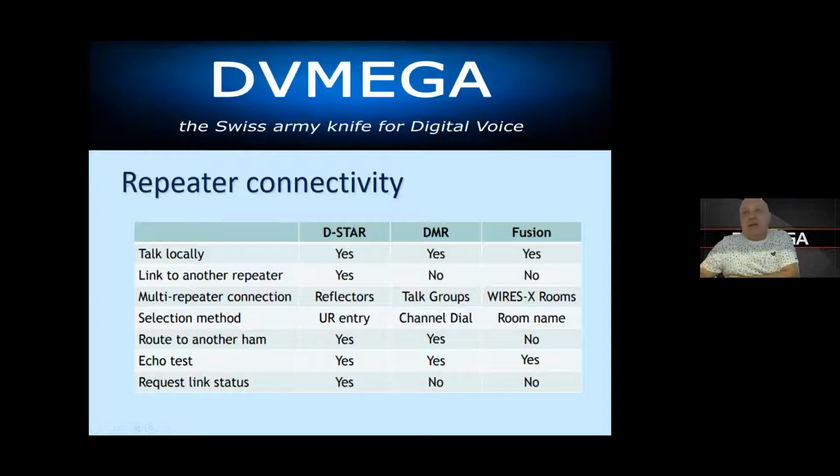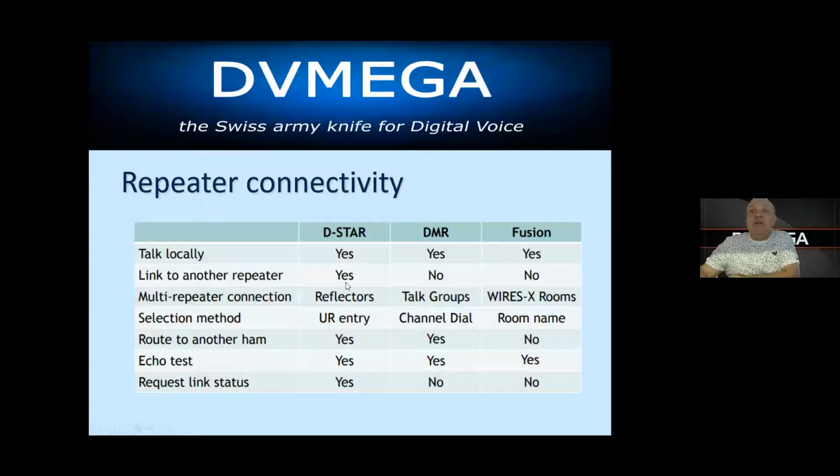So very strange, but I don't know how it is in the US, but here in North Europe, it's common that you use your digital radio in combination with a hotspot or a repeater. Maybe because every repeater is connected to the network. Maybe that's a reason, but point to point, locally, it's not used a lot, but it's of course still possible with D-Star, DMR and Fusion.